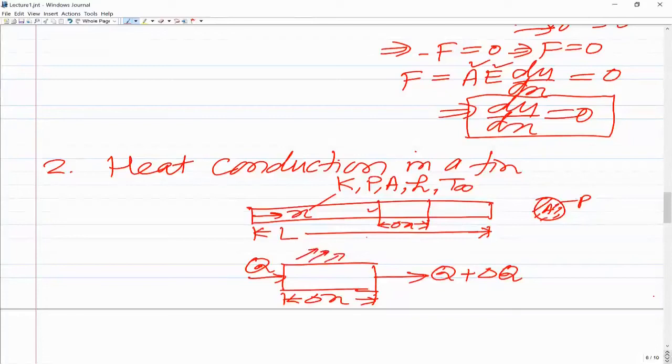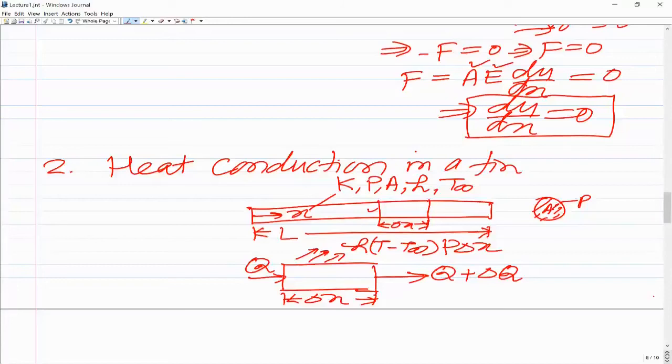So heat per unit surface area is h into T minus T infinity, where T is the temperature at that location and T infinity is the surrounding temperature. So the total heat going out of this small part through convection is h into T minus T infinity into the area, and the area would be the perimeter P into delta x.